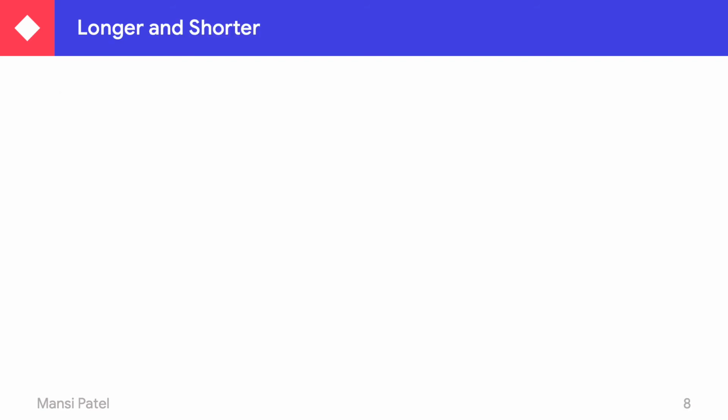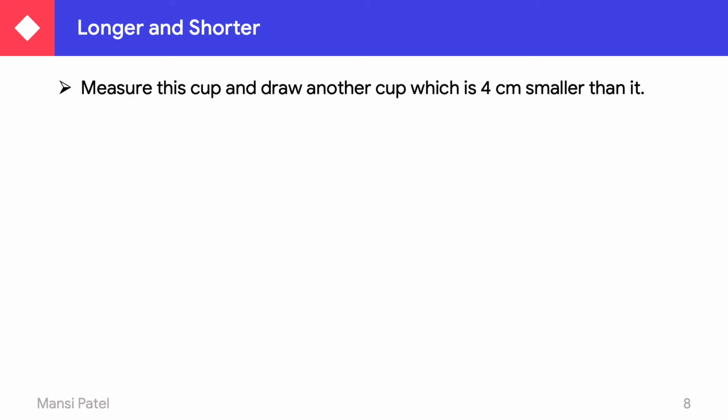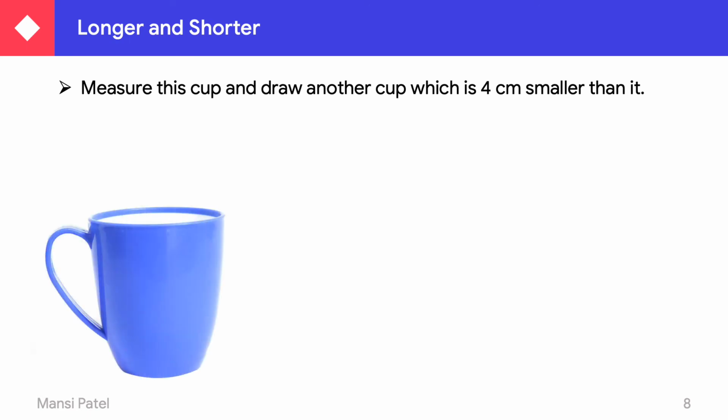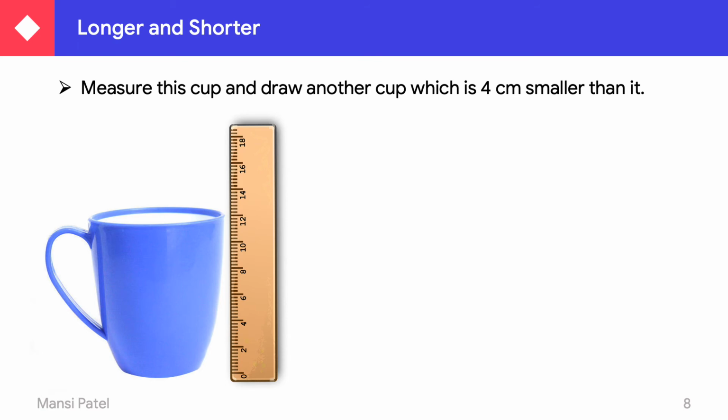Let us see some longer and shorter concept. See here, you have to first measure one cup, and after that you have to draw another cup, but that cup is 4 centimeter smaller than the first cup. So see here, this is the cup and the measurement of this cup is 12 centimeter.